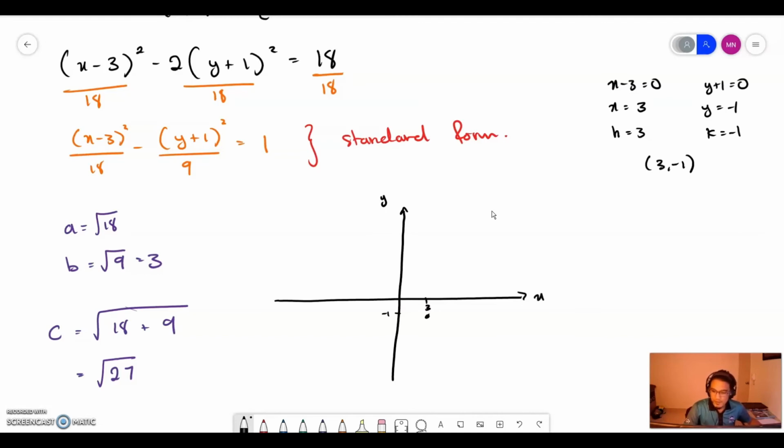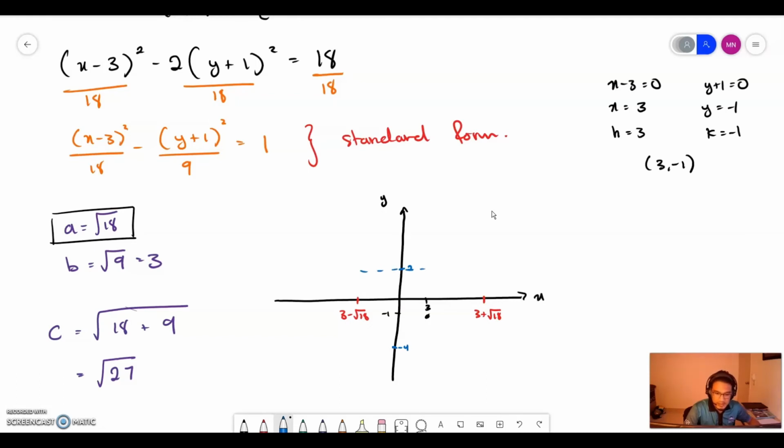Okay, so from the center, we go to the right by the length of a, which is the square root of 18. So that will be 3 plus square root of 18, and to the left will be 3 minus square root of 18. Then go above and below by 3 points. That means we will have right here equal to 2, and down here it will be equal to negative 4.